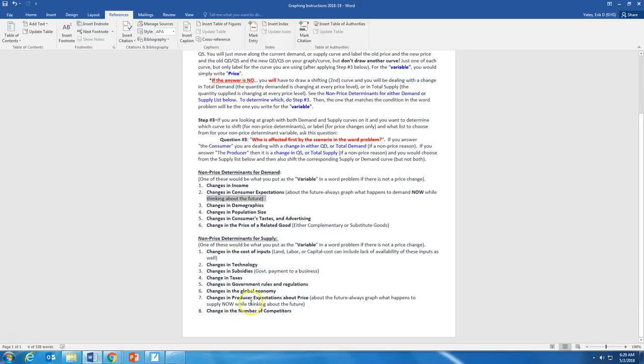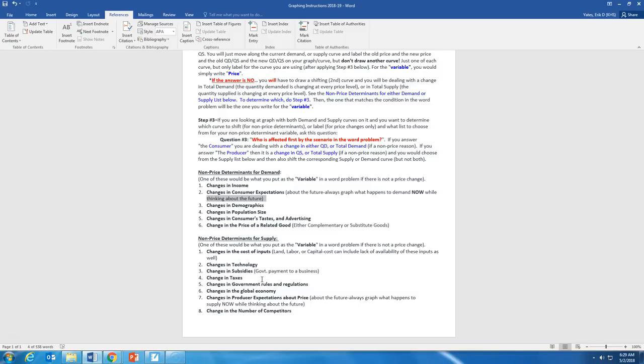Okay. Now, on your problems, the way it's working is when you get to that, you will read the word problem, you'll be asked the product, and then you'll be asked the variable, just like before. But we added a couple things. One, we're going to add in: are we dealing with a change in overall demand, where we shift for a non-price determinant? Are we dealing with a change in overall supply, S, which would be, again, a non-price determinant?